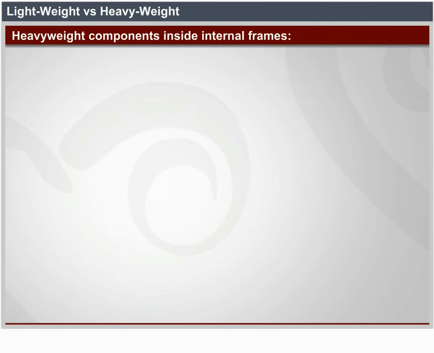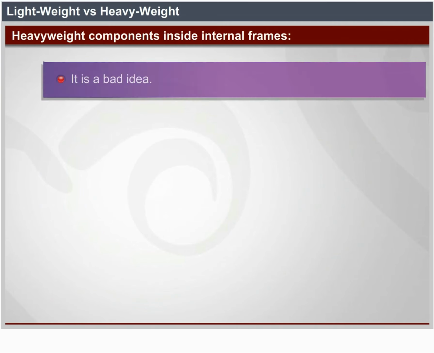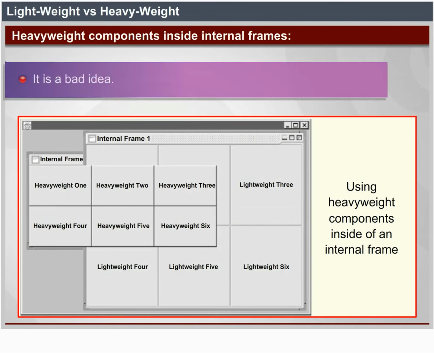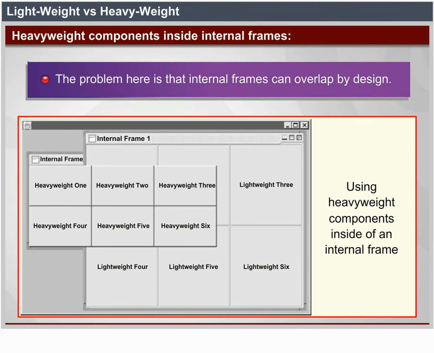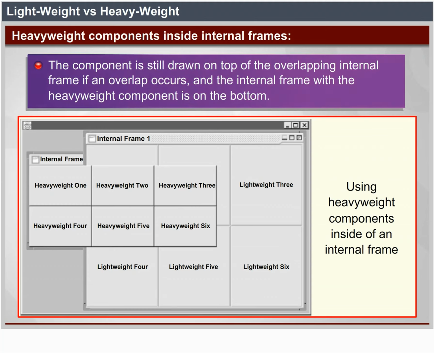Heavyweight components inside internal frames. It is a bad idea. The problem here is that internal frames can overlap by design. If an overlap occurs, the component is still drawn on top of the overlapping internal frame if the internal frame with the heavyweight component is on the bottom.